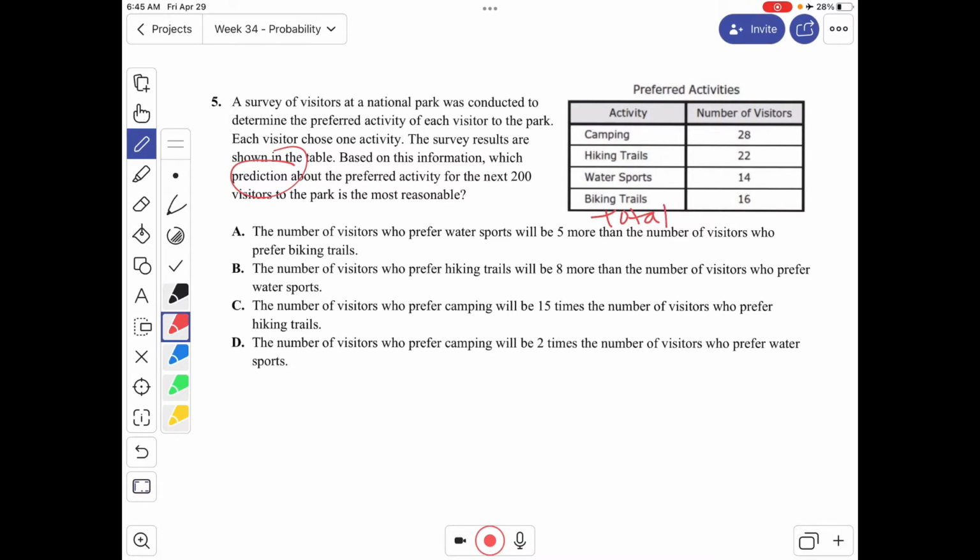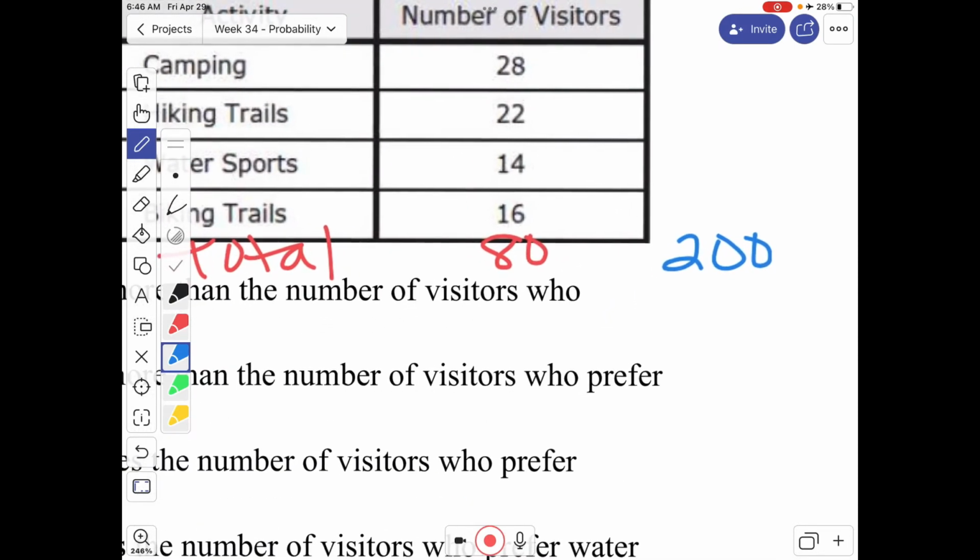We need a total, and the total was 80 visitors. And we want to predict for 200. If you want to figure out what we need to do to 80 to get to 200, you could divide 200 by 80.